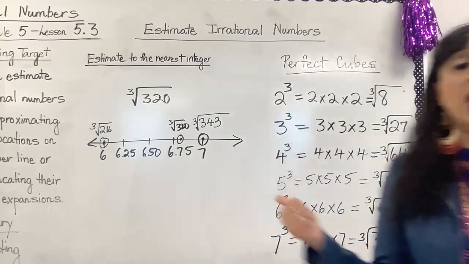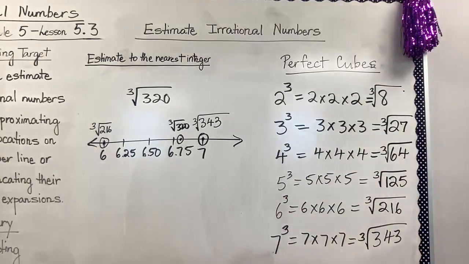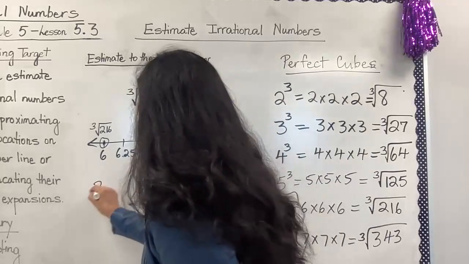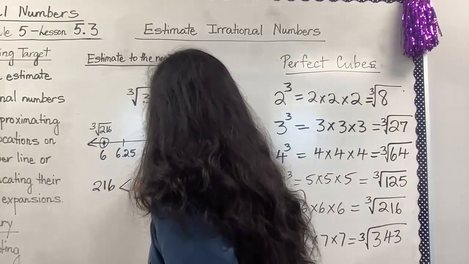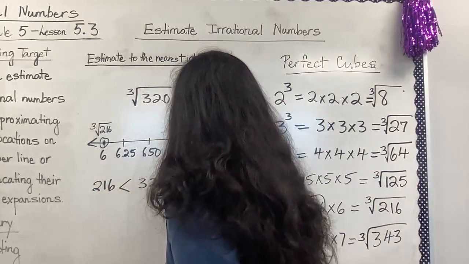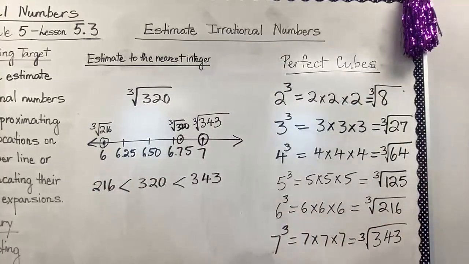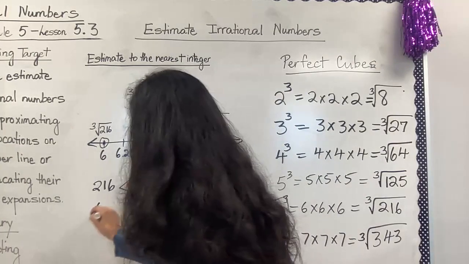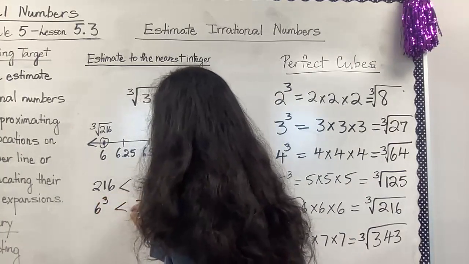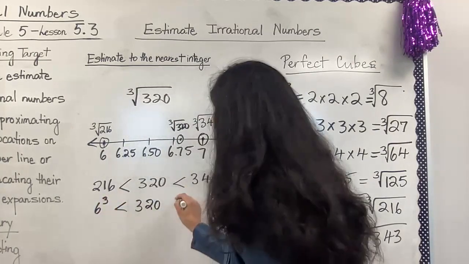All right. But now we are going to write out an inequality to estimate the cube root so you can see. We have 216 is less than 320, which is less than 343. Now we know that 216 is 6 cubed, which is less than 320.